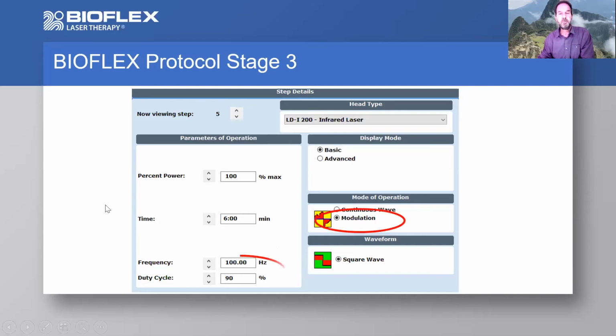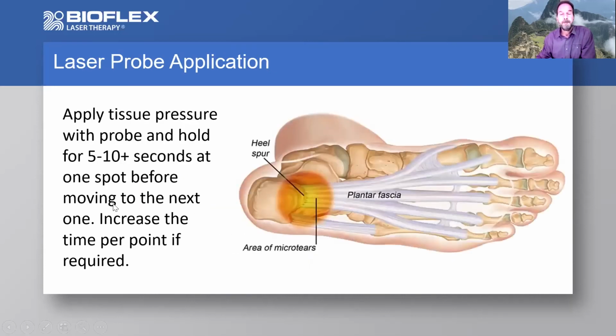Now, the laser probe, which if you have our equipment or maybe you have a competitor's equipment, that's usually what they would use. The laser probe you can apply to the tissue. You can apply firm pressure. That's important because you can actually push into the tissue and get it closer to the target itself.